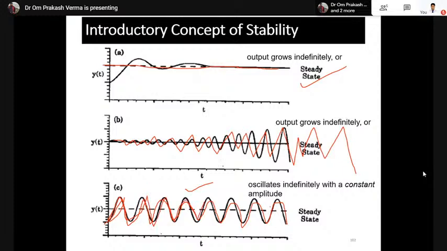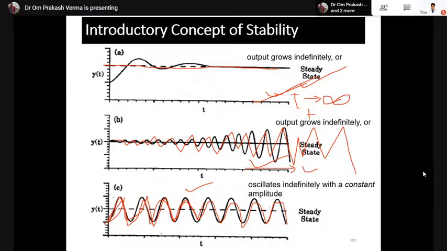Okay, but here we have seen as the time passes, the response is going to infinity. So our definition becomes: as t tends to infinity, the response should diminish. If the response totally diminishes, then the system is said to be stable. If it is not like that, then the system is called unstable.